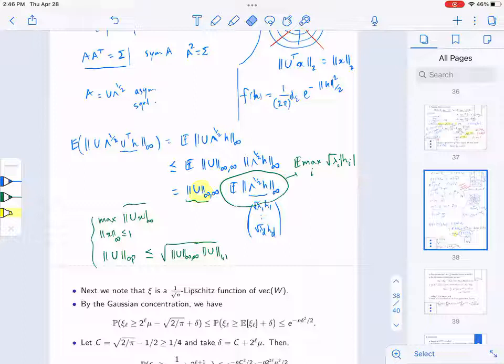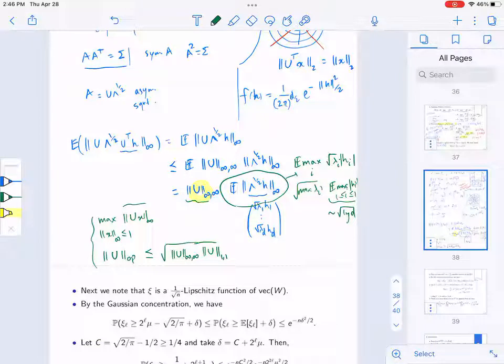These are sub-Gaussian, right? The expectation of a maximum of a bunch of sub-Gaussian random variables scales like root log D. So the maximum eigenvalue comes out, max lambda i root, and then the expectation of max of h_i for i from 1 to D scales like root log D. That's how you get the root log D.